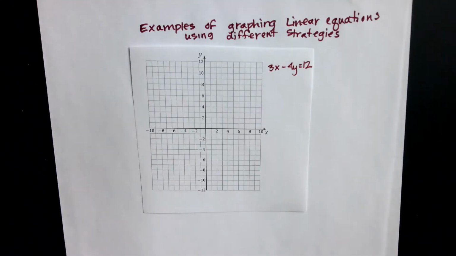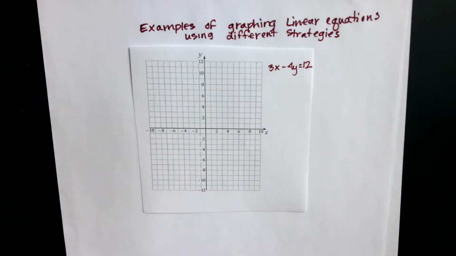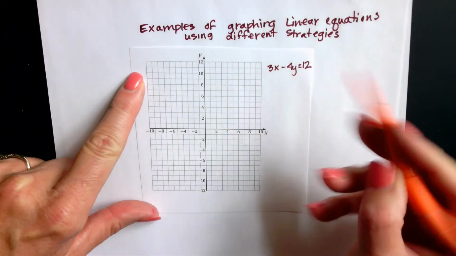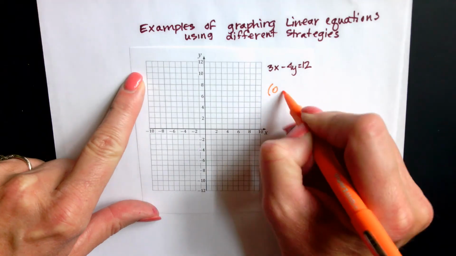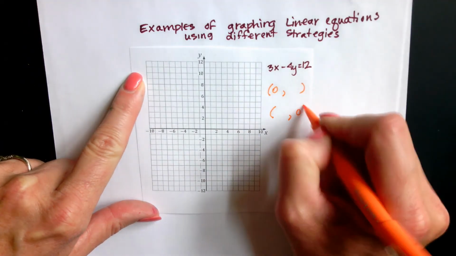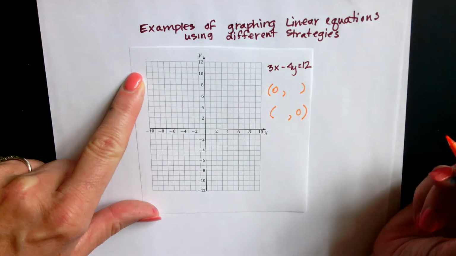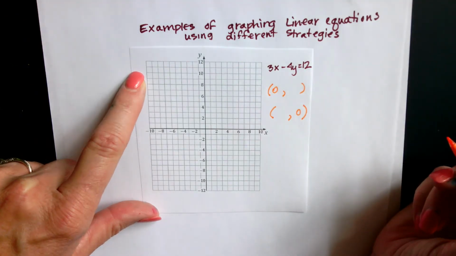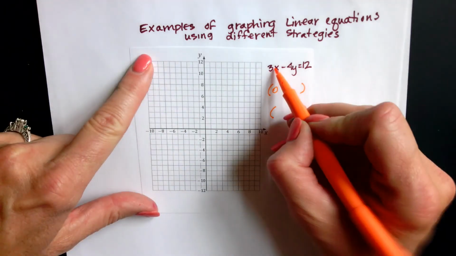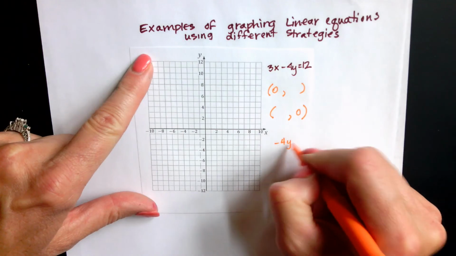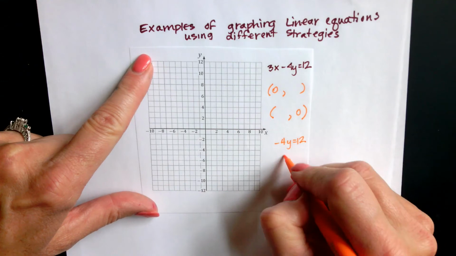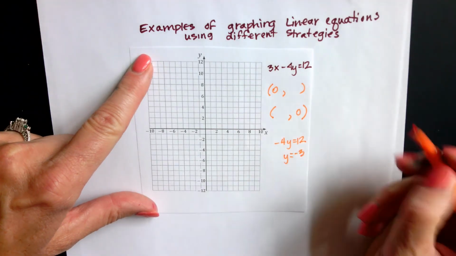So we are asked to graph this equation. I notice it's written in standard form. So my first reaction is to come up with the y and x-intercepts and then graph those 2 points to make the line. When x is 0, -4 times y has to equal 12. If I divide both sides by -4, y equals -3.